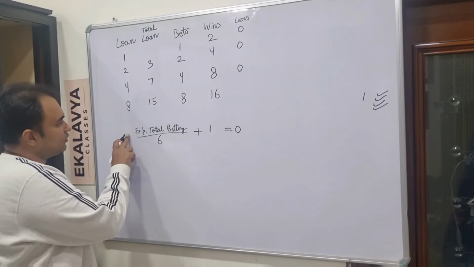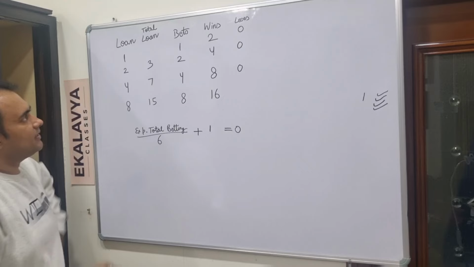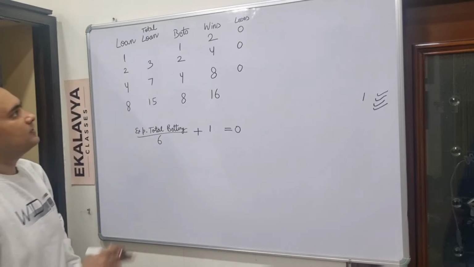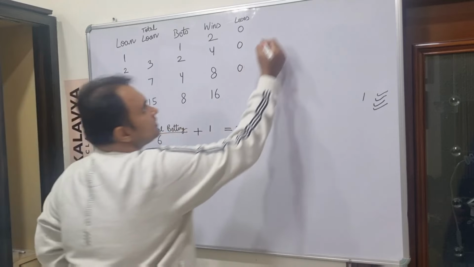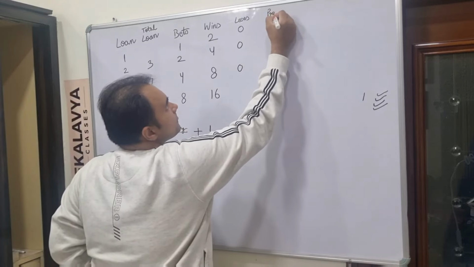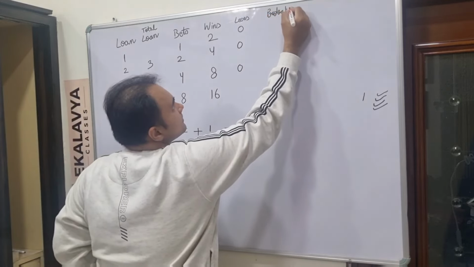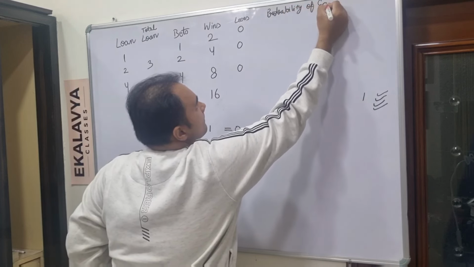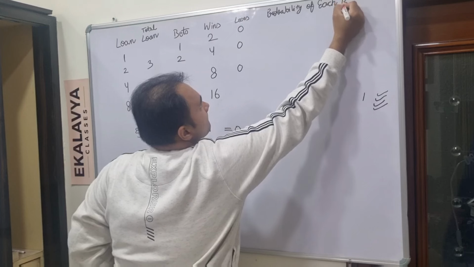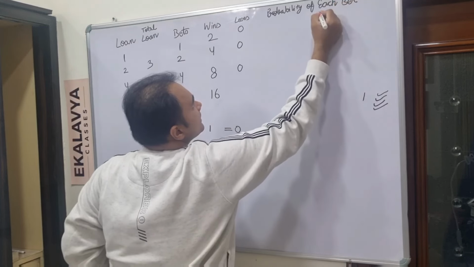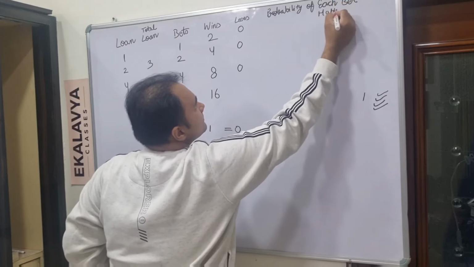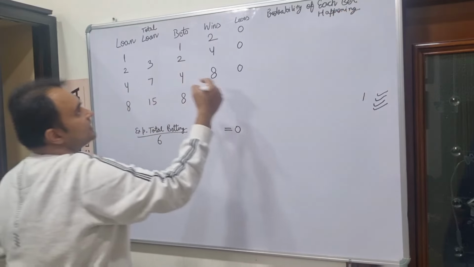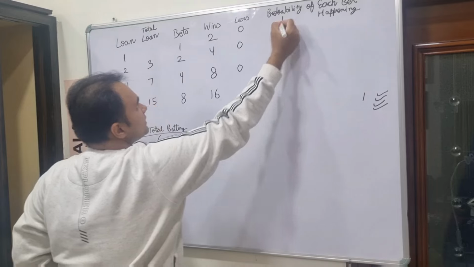To calculate expected total betting, we have to study the probability of each bet happening. So I will add one more column to this table. The first bet is certain to happen, so the probability is 1.